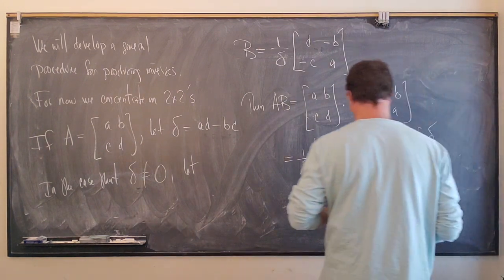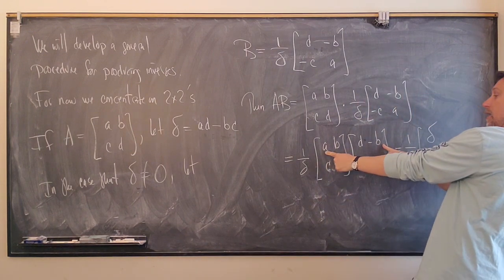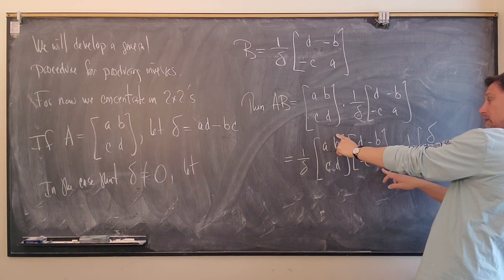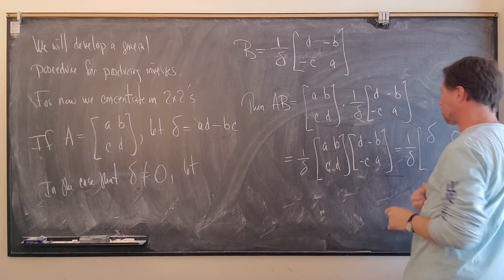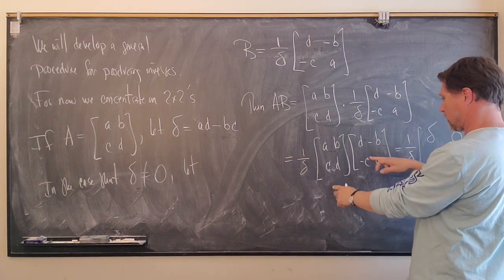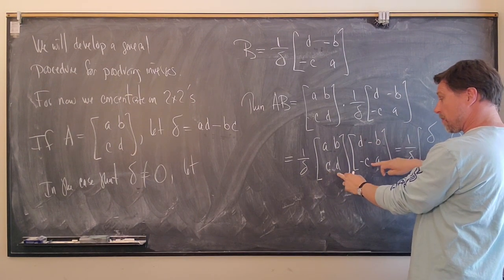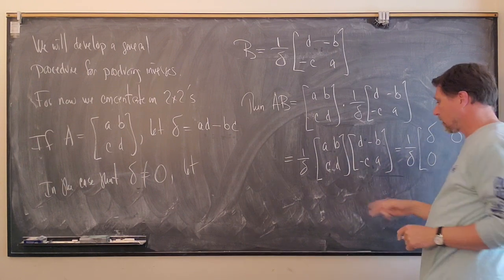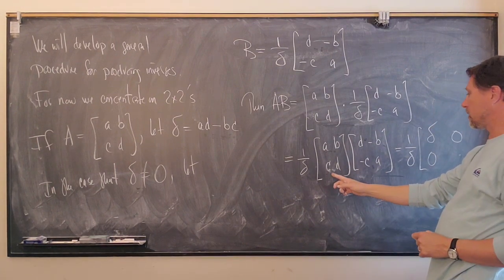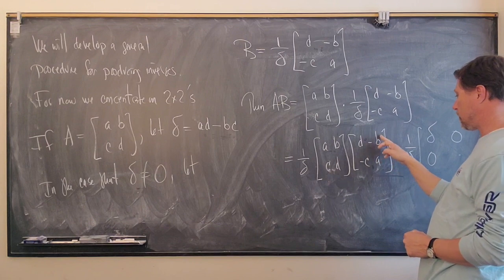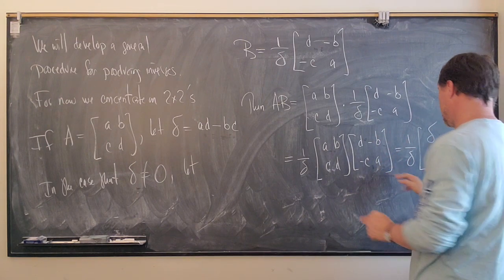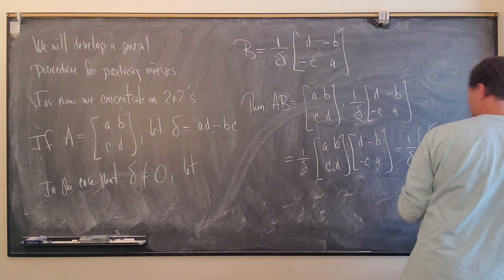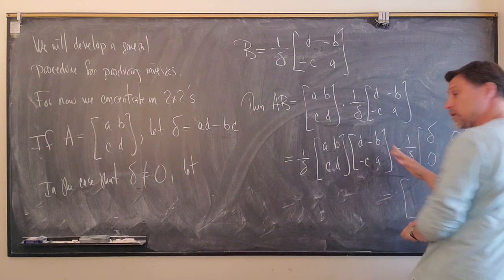That's delta. Then I'm going to get negative AB plus AB, that's a 0. Then I'm going to get CD minus CD, that's a 0. And then the last one is negative BC plus AD. That's delta.